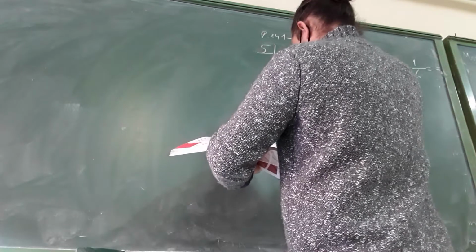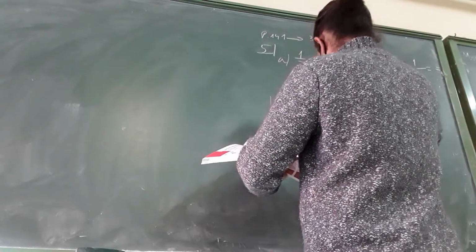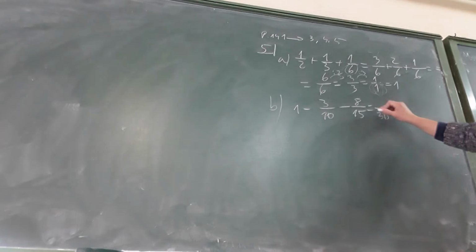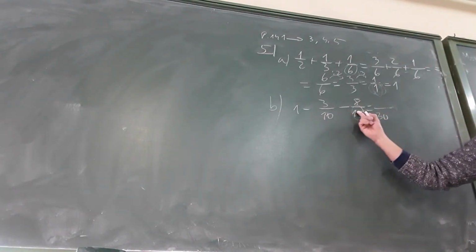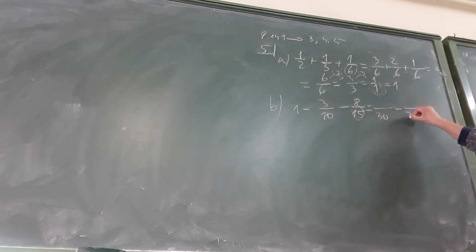María. 1 minus 3 times minus 8 over 15. Lowest common multiple is 30, not 13, 30. 15 cannot be divided by 10, but the next multiple, 30, can be divided by 10. So 30, 30, and 30.